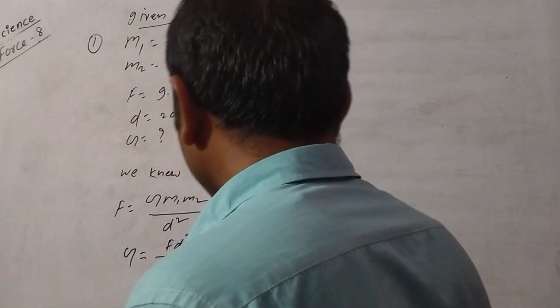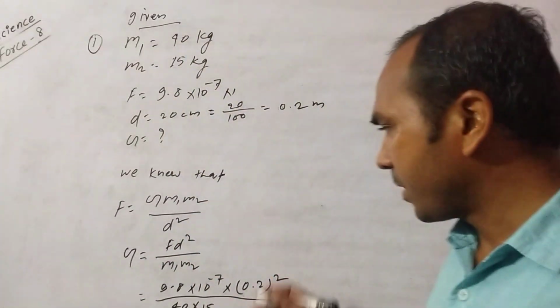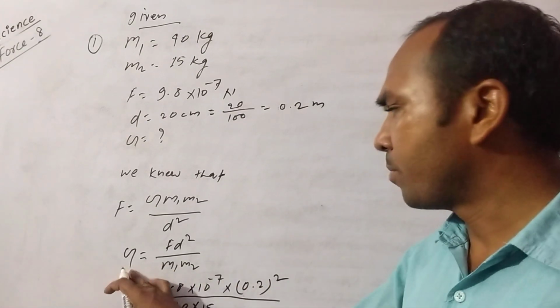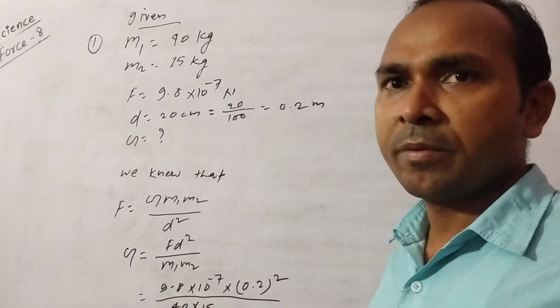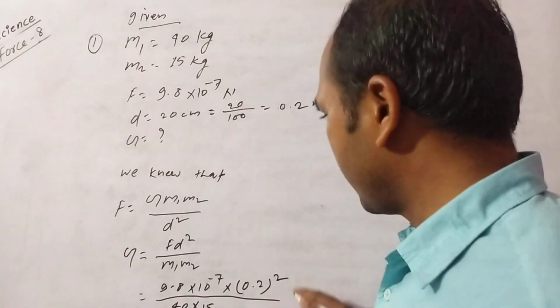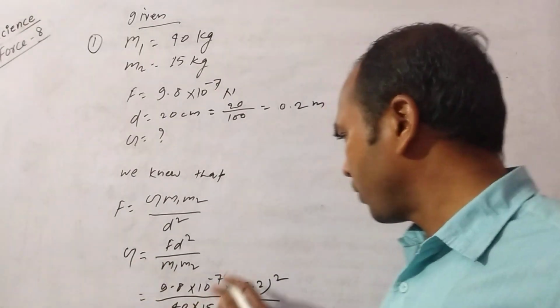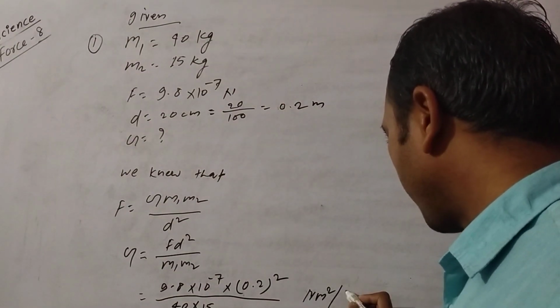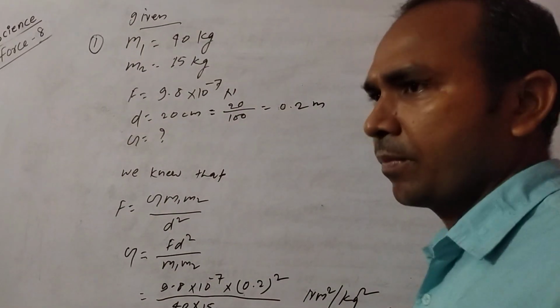In this way we can calculate. After that we should calculate all these values, and after calculating we find the value of the universal gravitational constant. Okay student, when we write this G value, the unit you should write is Newton meter square per kg square.